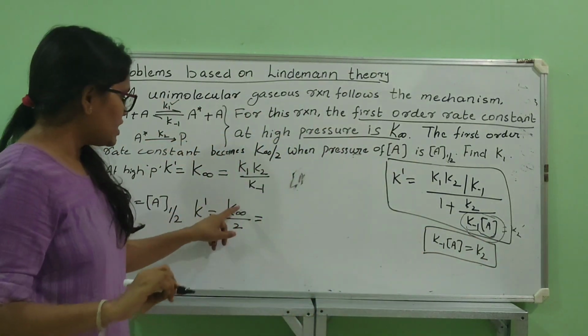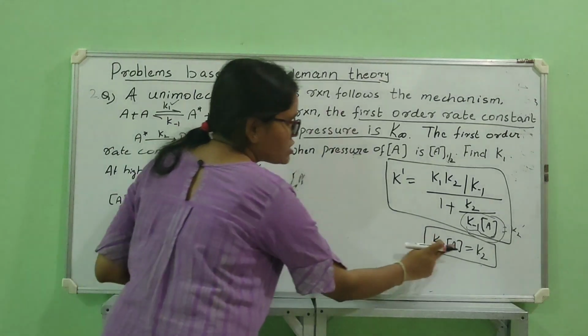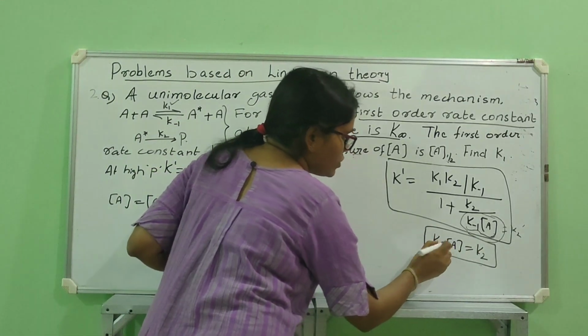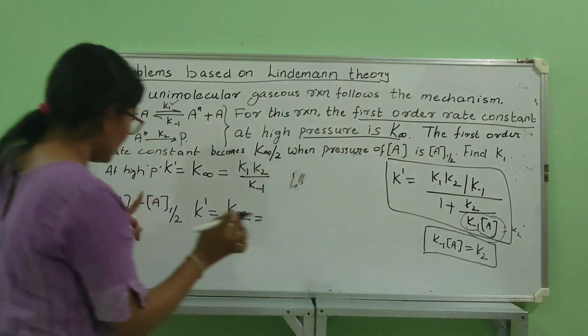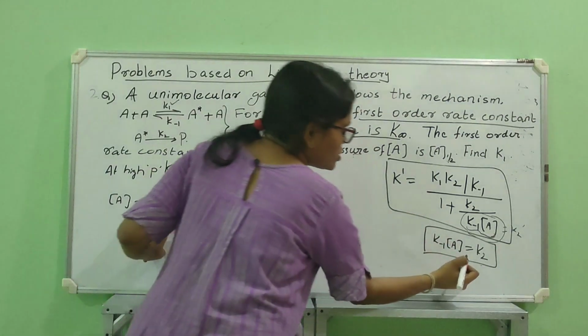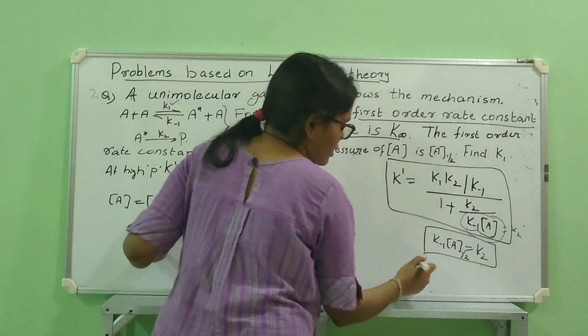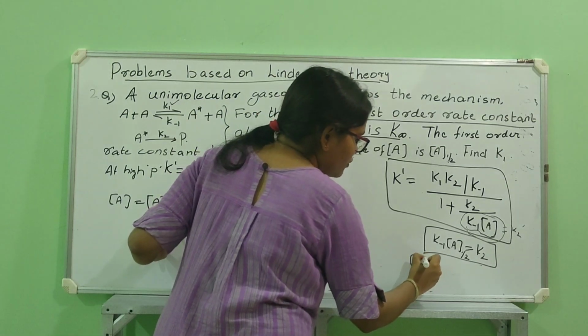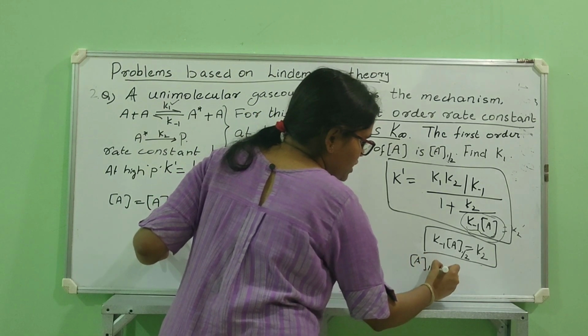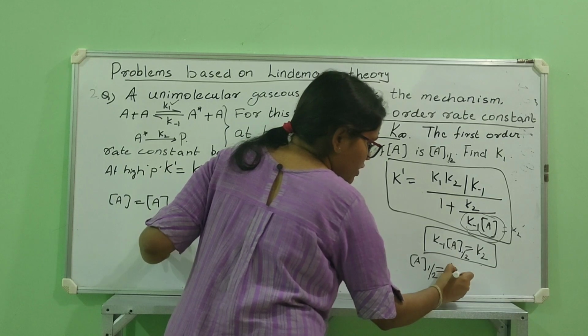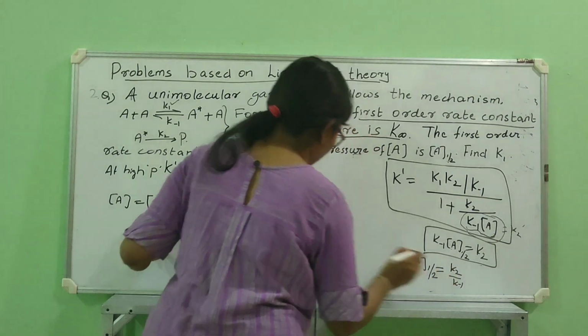So K dash becomes K infinity by 2 when K minus 1 into A becomes equal to K2. At this point we know that A is equal to A half. So what is the value of A half that you get from here? That will be equal to K2 by K minus 1.